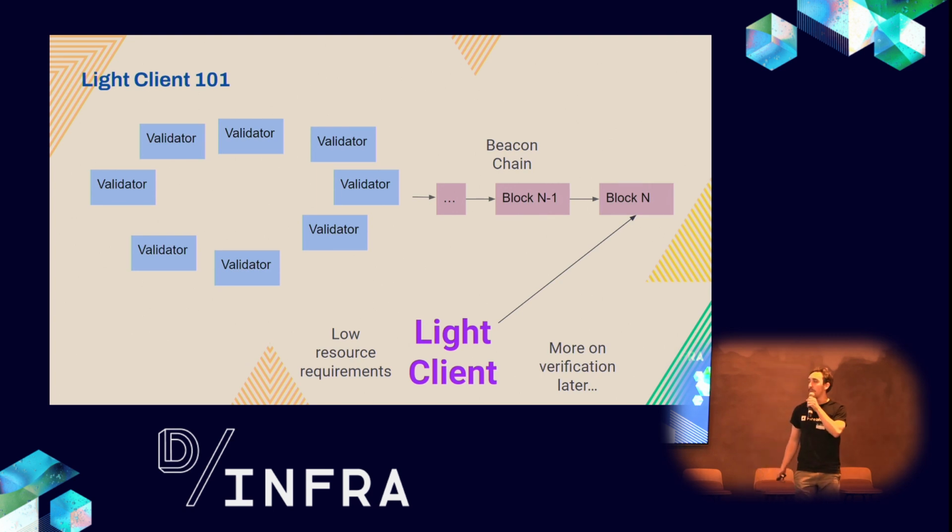If you want to run a regular node, the regular consensus, you need hundreds of gigabytes of storage and all kinds of network operations. A light client allows you to do that in a much more lightweight way, and you can run it in a phone, in a browser, in a low resource environment. This is all light clients provide you. We will talk later about how we can actually use it to verify blockchain data.